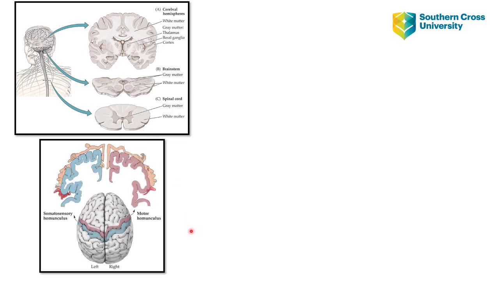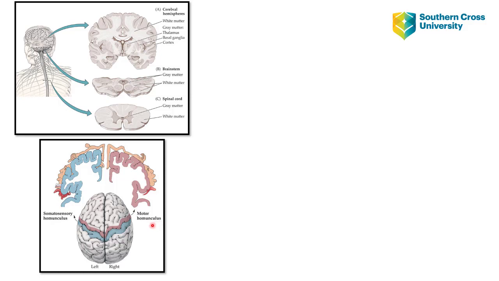When we talk about the cerebral cortex, there's two locations that are very important to motor control. So we have a central sulcus here that separates the frontal lobe from the parietal lobe, and if we go anterior or rostral to that central sulcus, we have what's called the precentral gyrus. That precentral gyrus is known as the motor homunculus, or the motor cortex, the primary motor cortex.